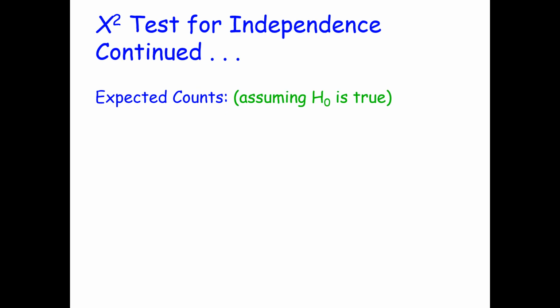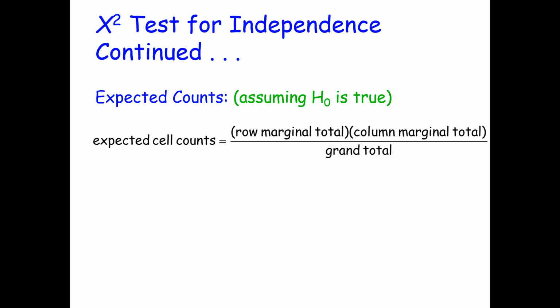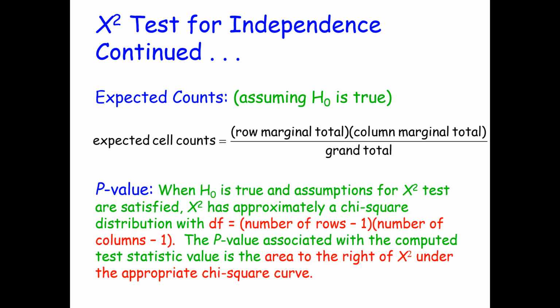Now our expected count, again assuming that our null hypothesis is true, is going to be our row marginal total times our column marginal total divided by our grand total. Our p-value, when our null hypothesis is true and the assumptions for the chi-squared test are satisfied, says that our chi-squared has approximately a chi-squared distribution with degrees of freedom of our number of rows minus 1 times our number of columns minus 1.